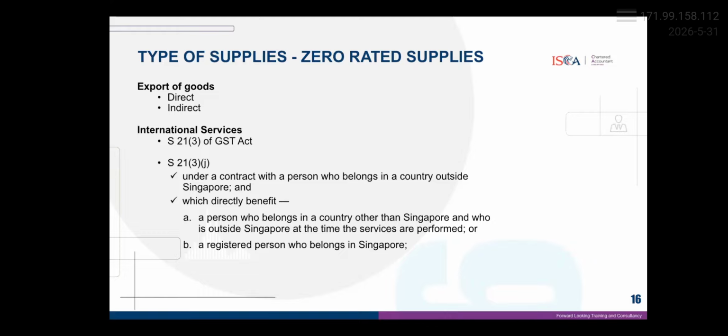There are many subsections under 21(3) of the GST Act. So if you're interested to see how a type of transaction for the provision of services is to be zero-rated, please take a look at 21(3).